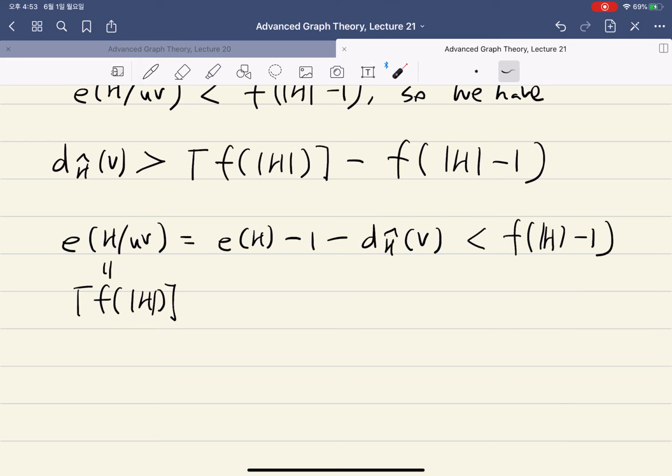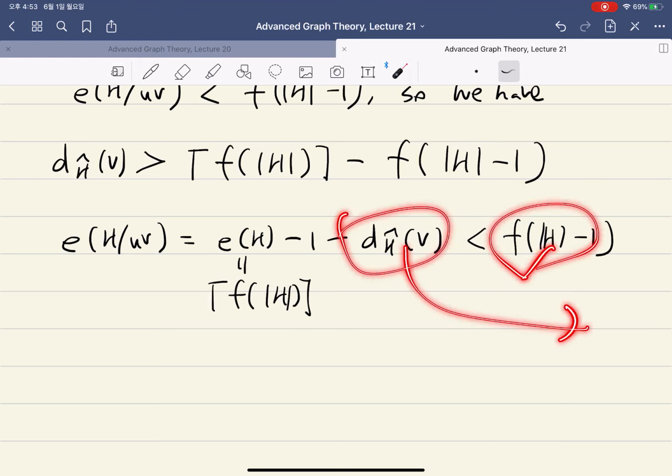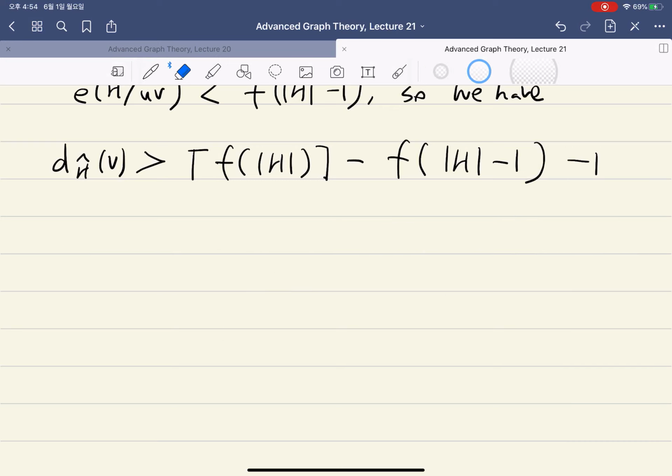No, sorry, I should have said that. So this quantity is this. So you move this to here and then this to here, then you will get this minus 1 actually. So that's what you obtain.